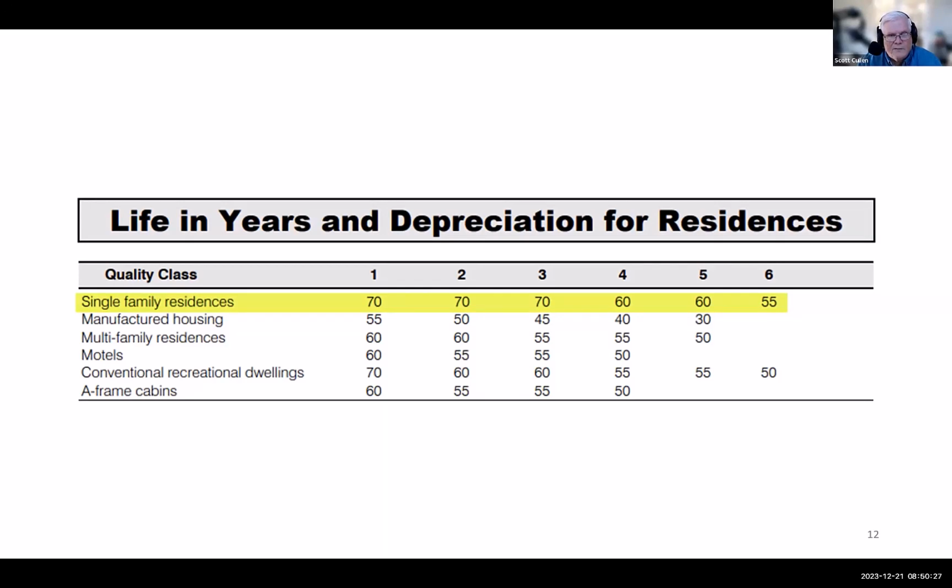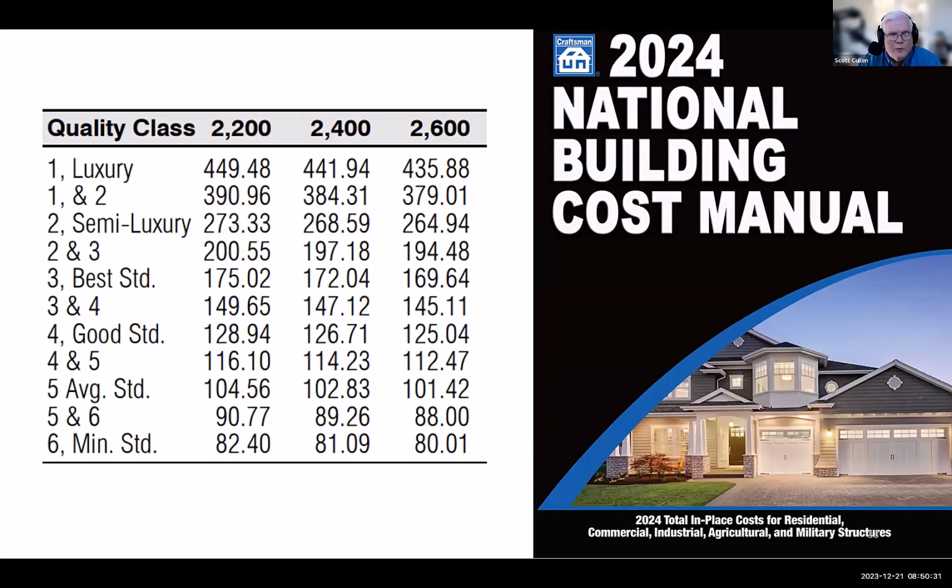Quality class 4 is 60 years. We use national building cost. Their quality classes align with the UAD system of 1 being highest and 6 being low. Notice that the average cost per square foot increases as quality increases and decreases as the amount of GLA increases.